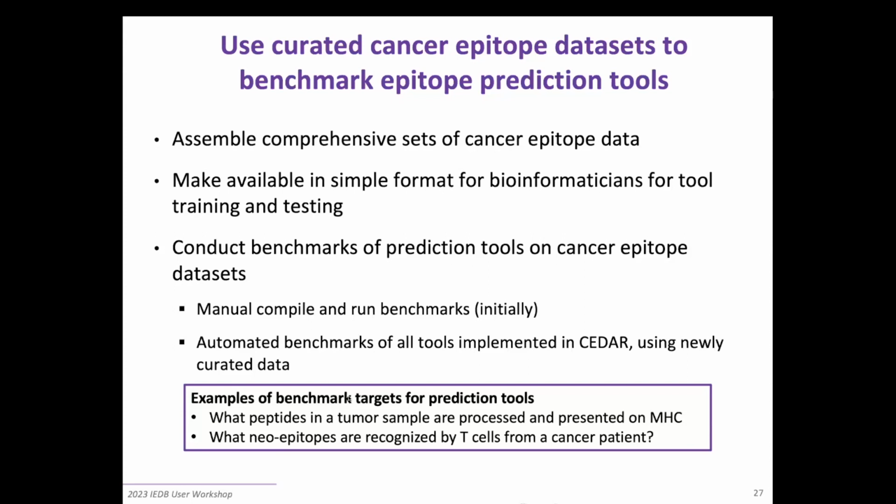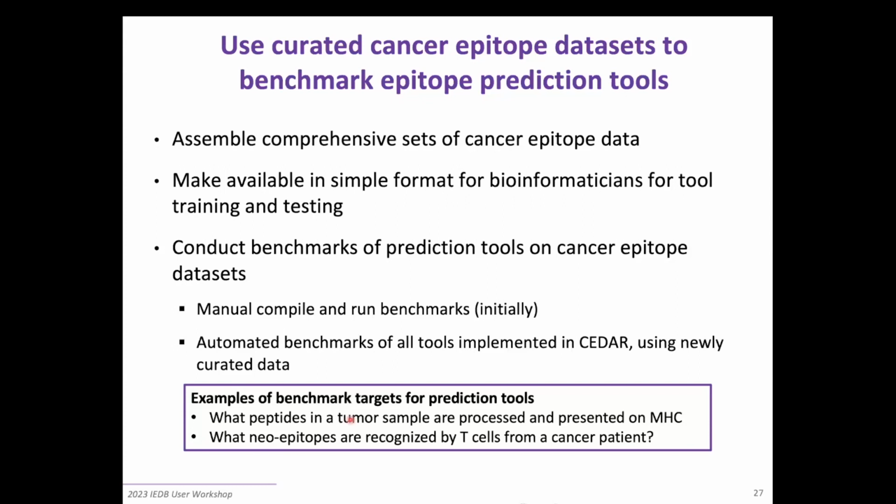So we are working on providing, so to say, cleaned up versions of these datasets that bioinformaticians can easily take and plug into their machine learning frameworks, for example, and use them to develop new tools or test new tools.